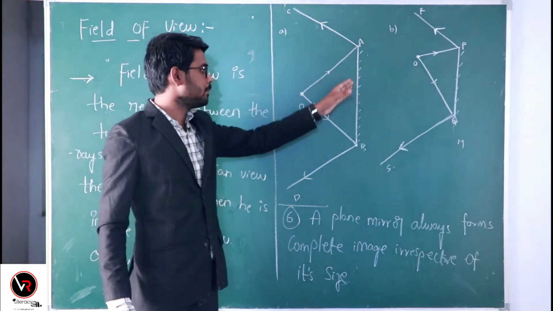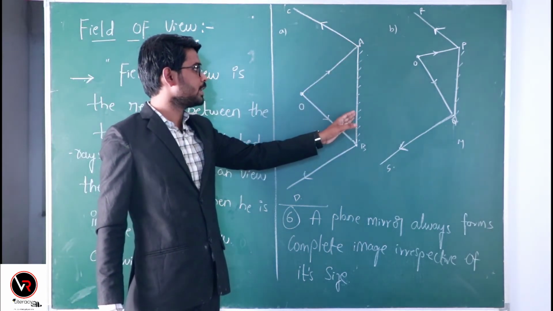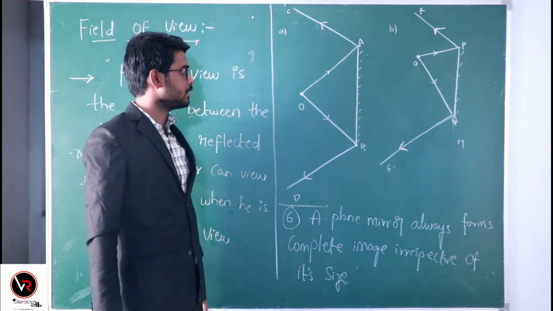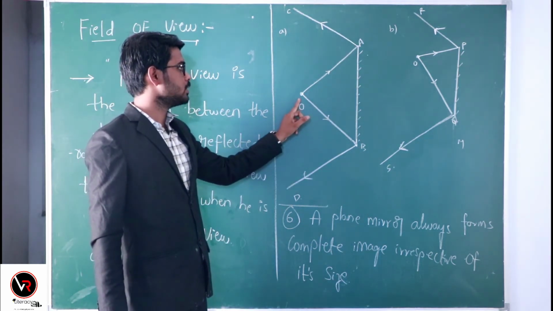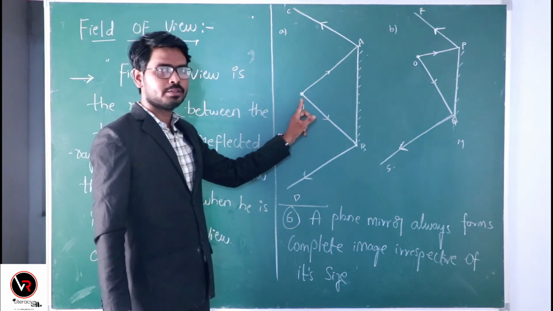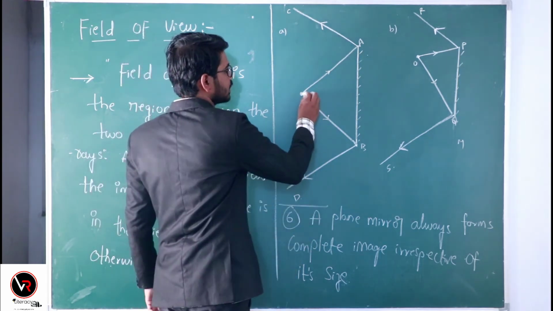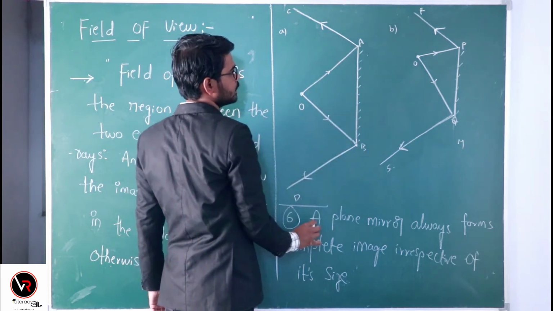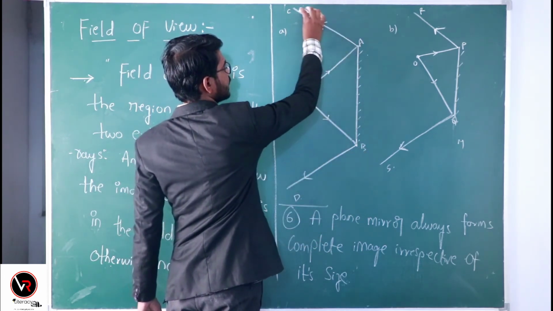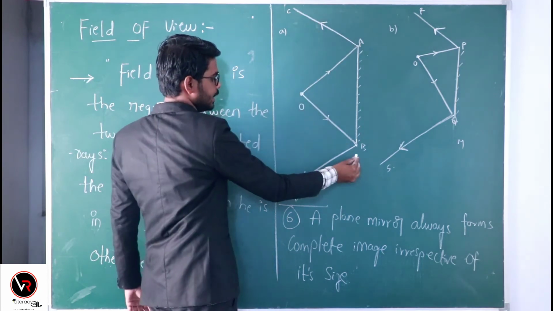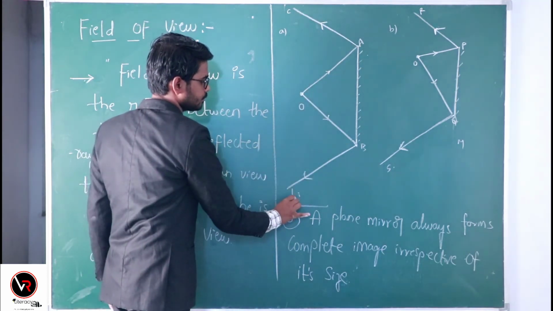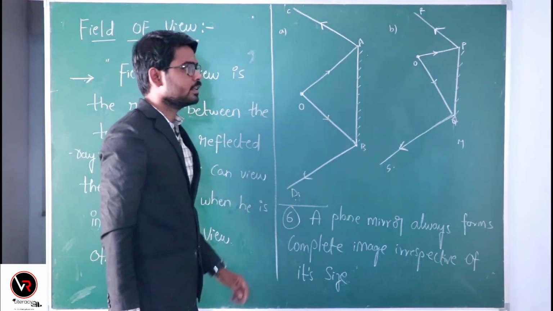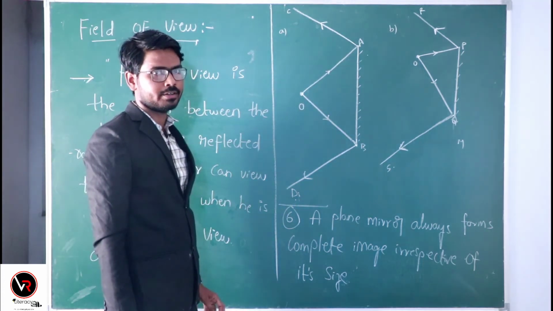See, this is the plane mirror which is kept vertically, and A and B are the two ends of the mirror. A point object O is placed in front of the mirror. These are the two incident rays incident at the two ends of the mirror. After that, you get the reflected rays AC and BD. And these AC and BD are called the extreme reflected rays.